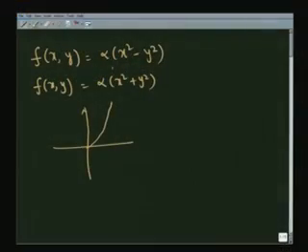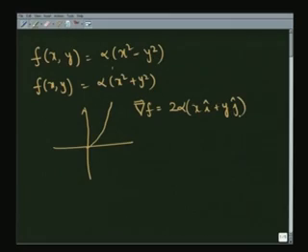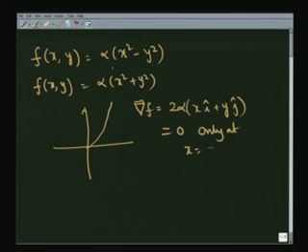In order to verify that explicitly, let us calculate the gradient. We can see that gradient f is given by 2 alpha times (x i hat plus y j hat), and this is equal to 0 only at the origin, x equal to y equal to 0.